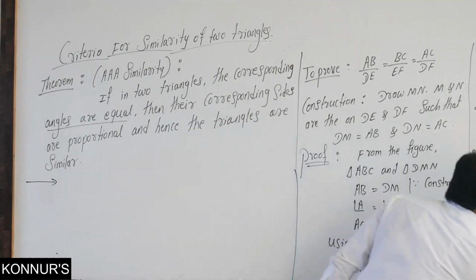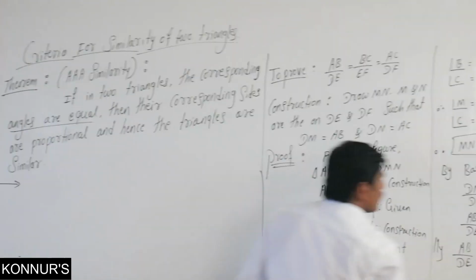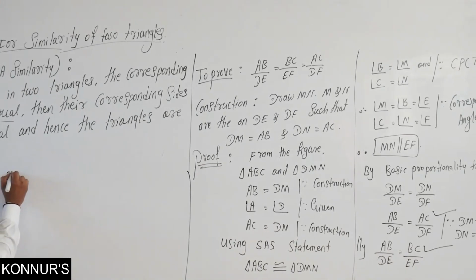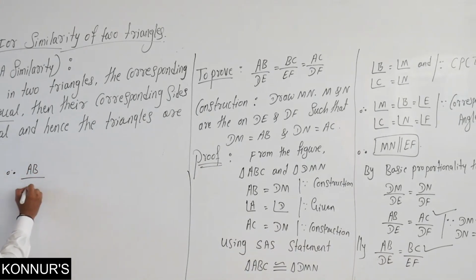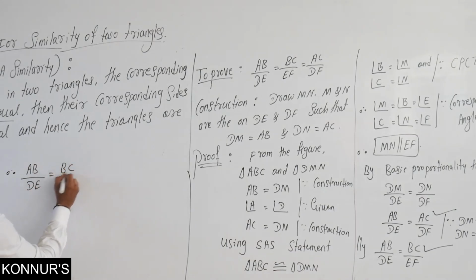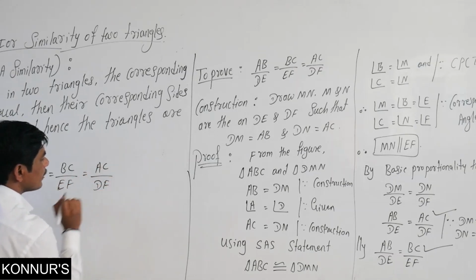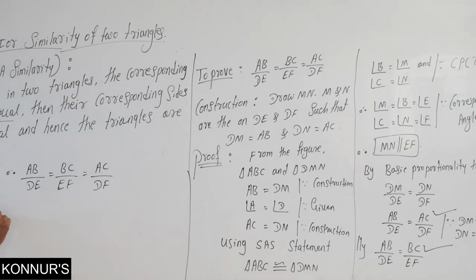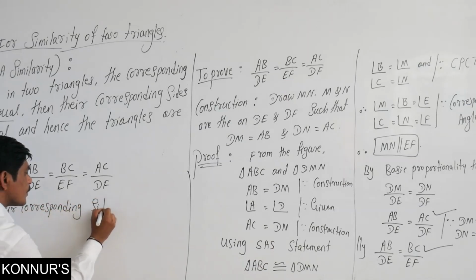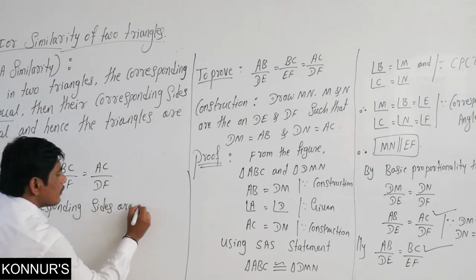From these two results, therefore, AB by DE is equal to BC by EF is equal to AC by DF. Therefore, their corresponding sides are proportional.